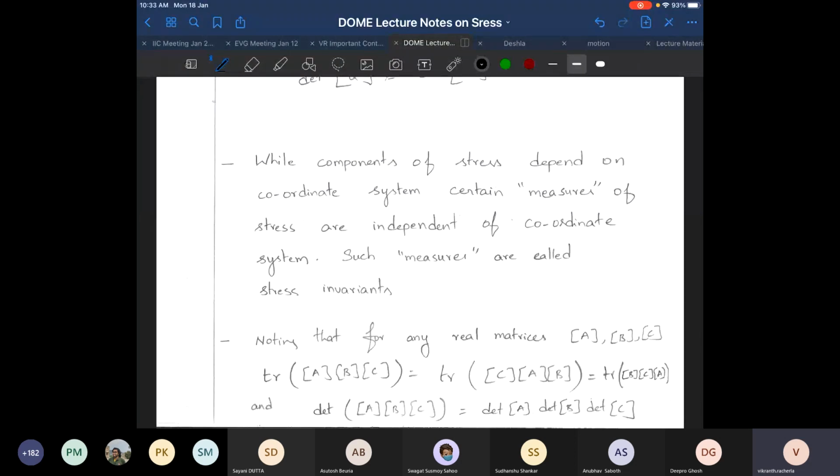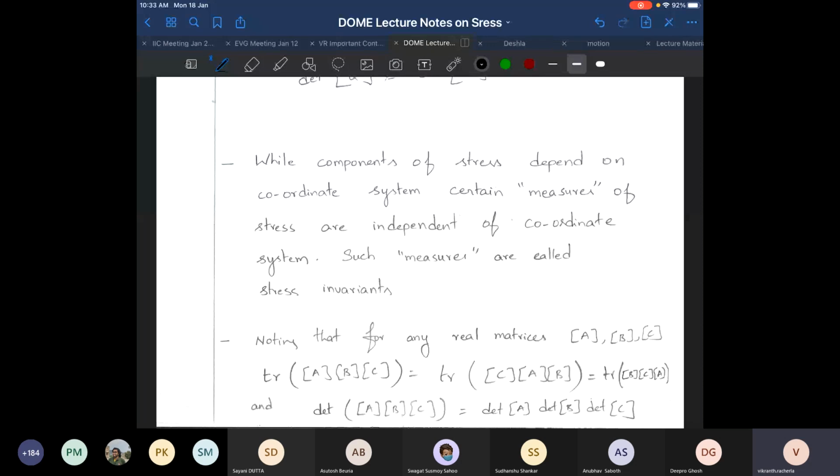Let us say for uniaxial loading, when x1 is aligned with the loading direction, sigma 11 may be equal to 230 megapascals. But when x2 is aligned with the loading direction, sigma 11 will actually be 0. So there are two problems with that statement. One is it is not generic, it is not valid for all loadings. Second is it depends on the choice of coordinate system. Whether or not yielding happens depends on the coordinate system, so it is wrong on both fronts.